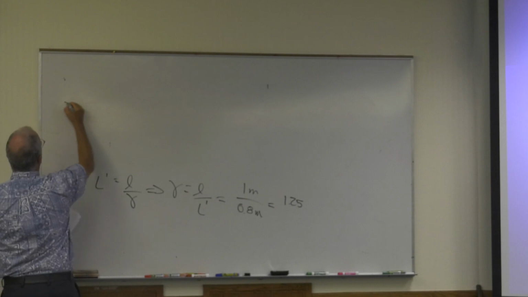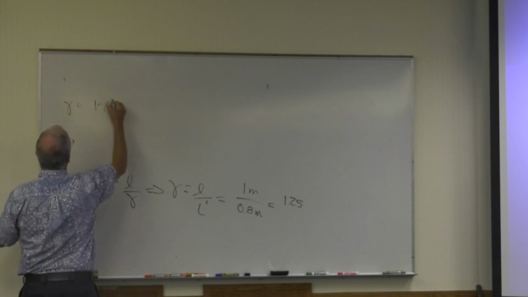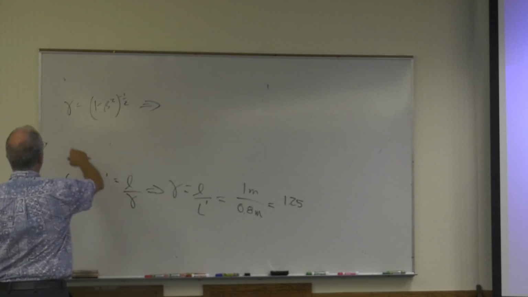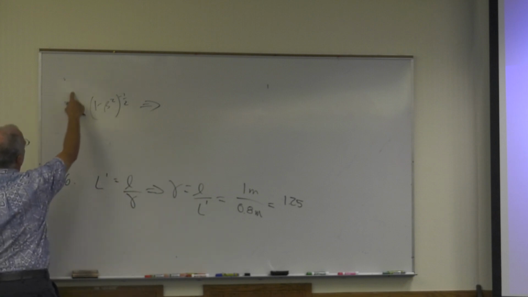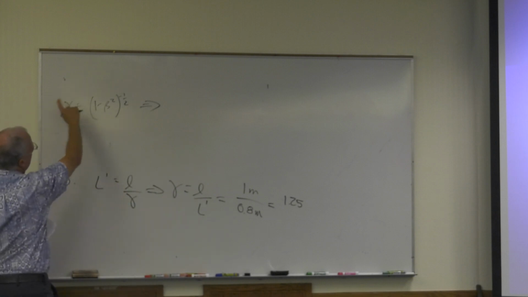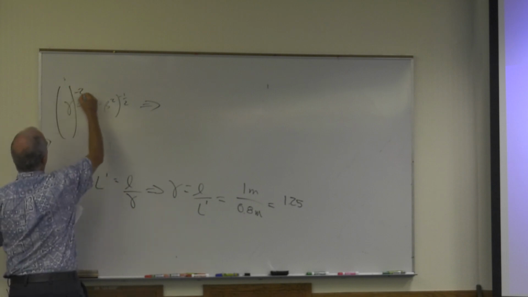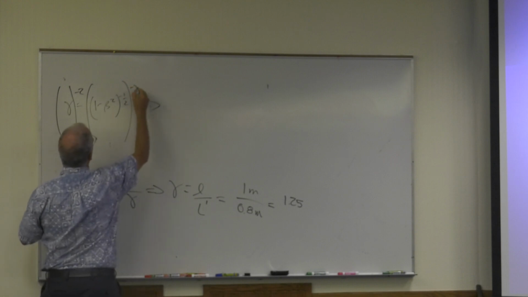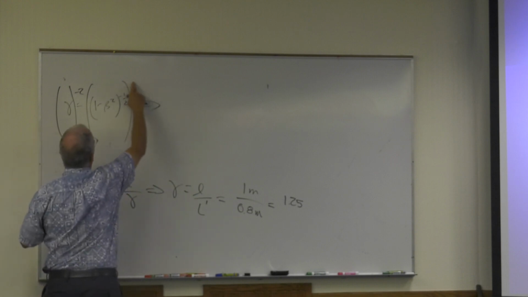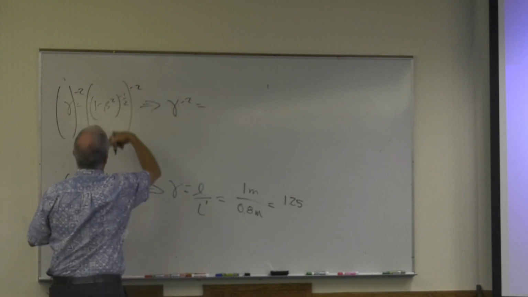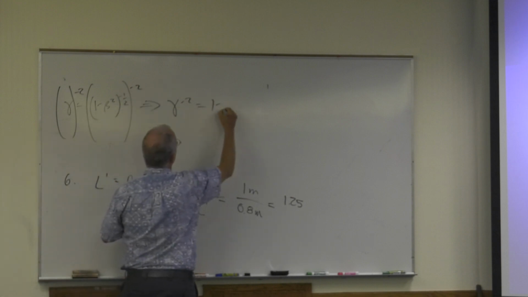So again, gamma equals (1 minus beta squared) to the negative 1/2 power. So if you square it to the negative 1, in other words, raise this thing here to the negative 2 power, and this thing here to the negative 2 power, so you have gamma to the negative 2, and that cancels, right? Equals 1 minus beta squared.